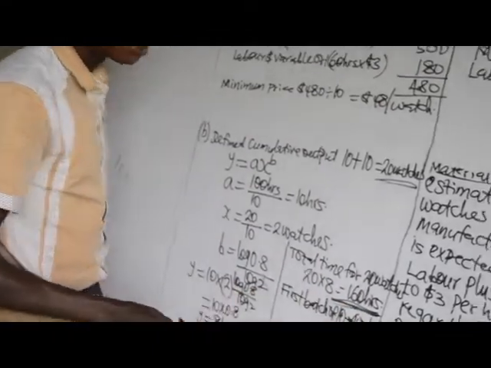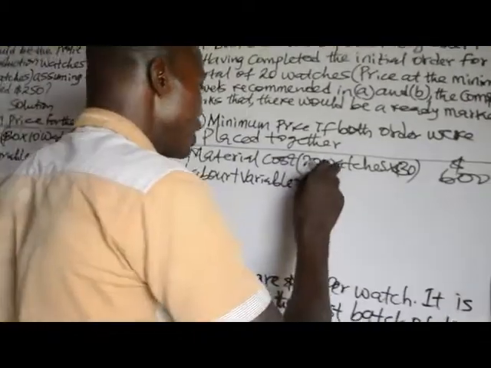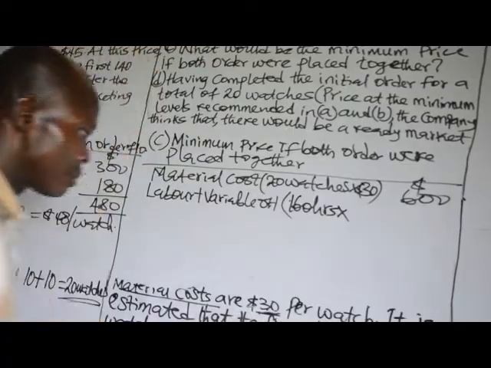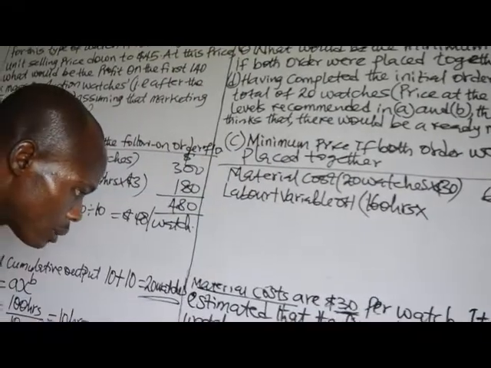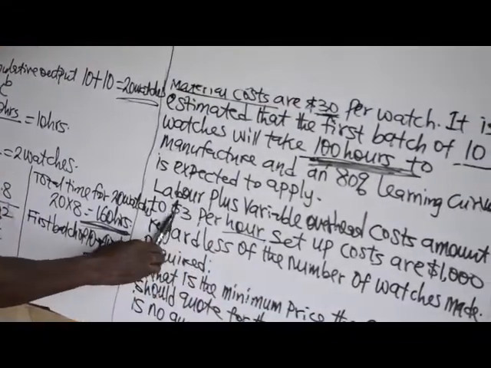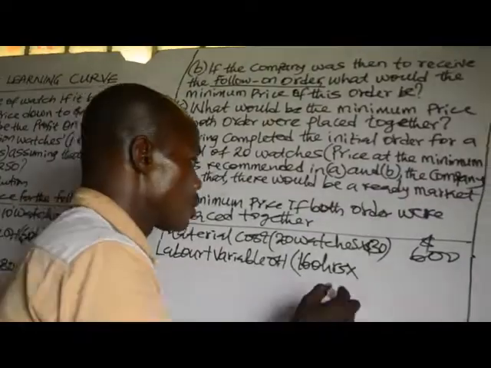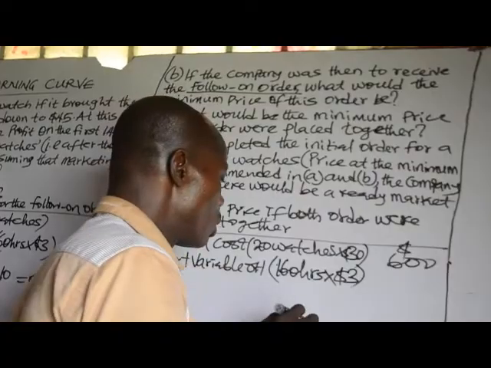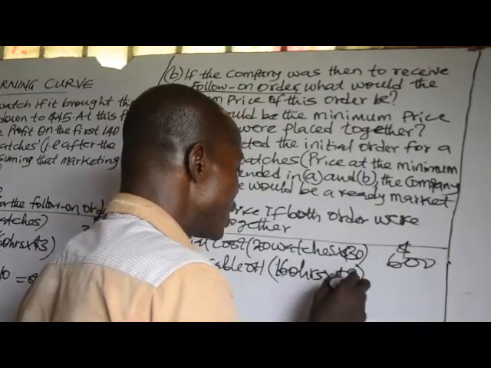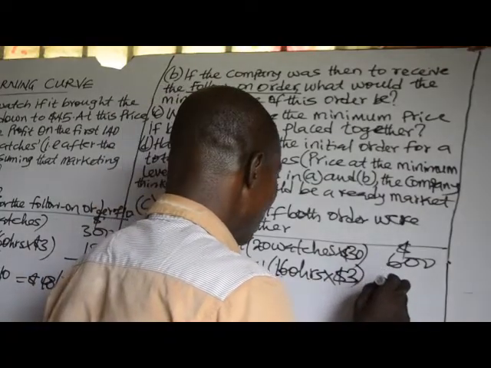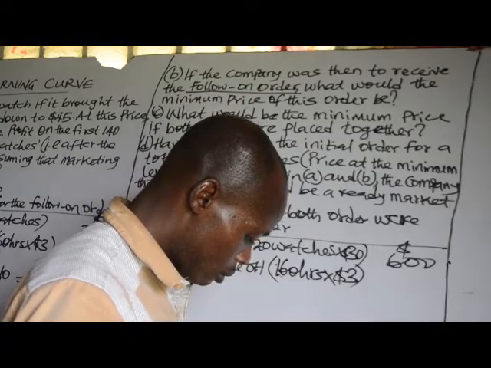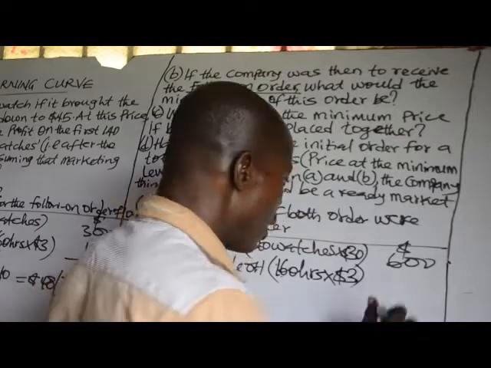So we have 160 hours for 20 washes times the labor rate, which is given to be $3. The rate is $3. So 160 times 3 will give us $480.